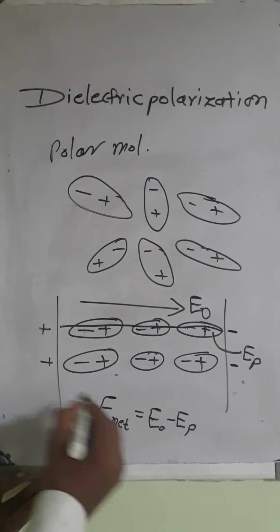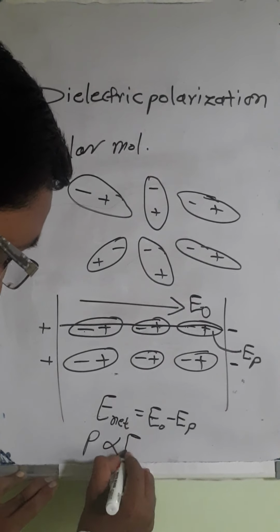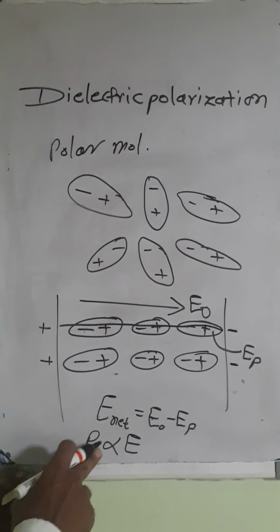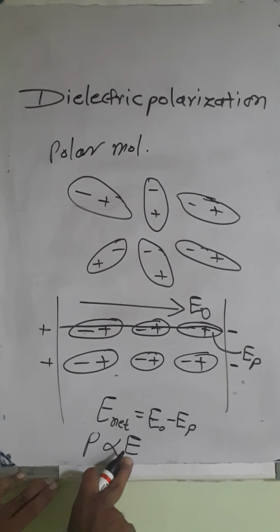Therefore we can show that P is proportional to E. That means polarization is directly proportional to the applied electric field.